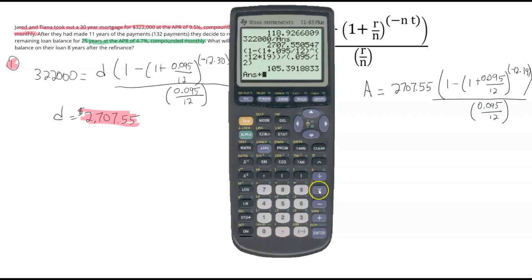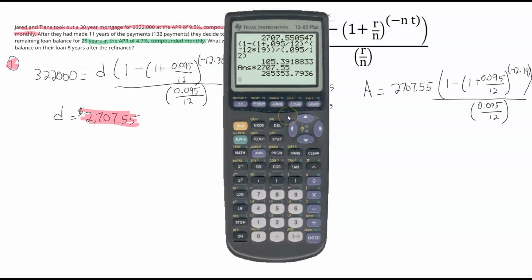So let me multiply that by the 2707.55. Now pause the video if you need to retype all of this in. Make sure you get this result when you are done. This is how much you would pay off in the remaining 19 years. Therefore, this is how much you still owe after 11 years is done. So $285,353.79.